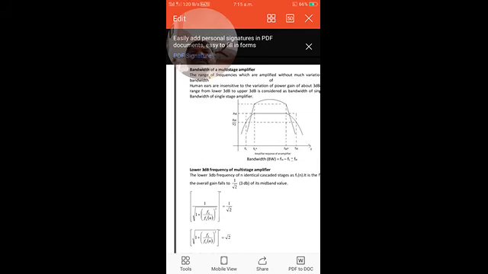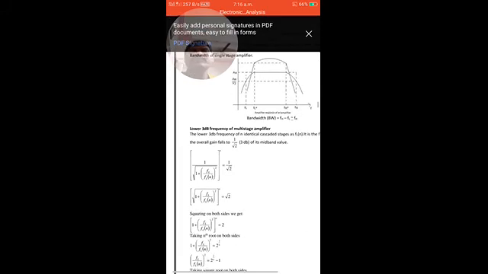So taking it to the numerator side, that is 1 plus FL by F of the nth stage to the power of n is equal to root 2.